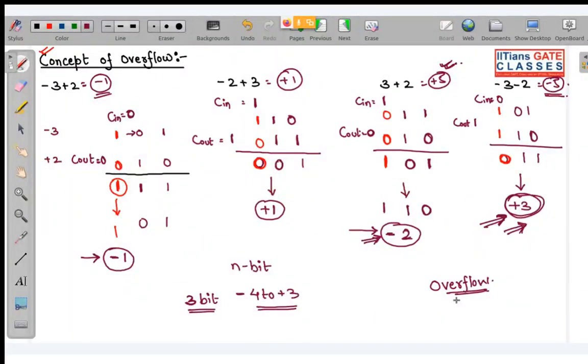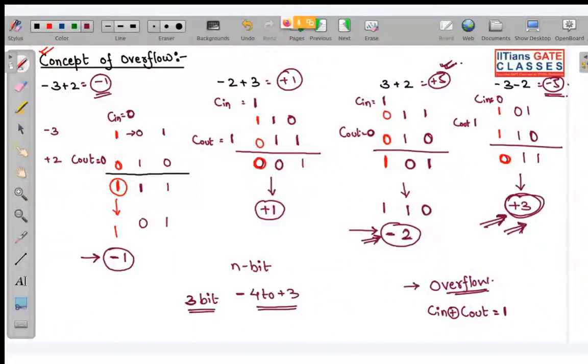Now the overflow condition happens whenever C in XOR C out is equal to 1. When I was solving over here, I got C in and C out both as 1. So if I XORed them, it would be 0. So that is why I knew that the answer over here was wrong.